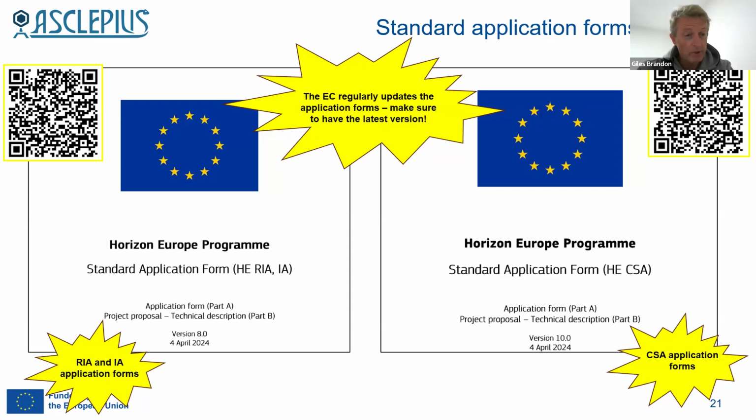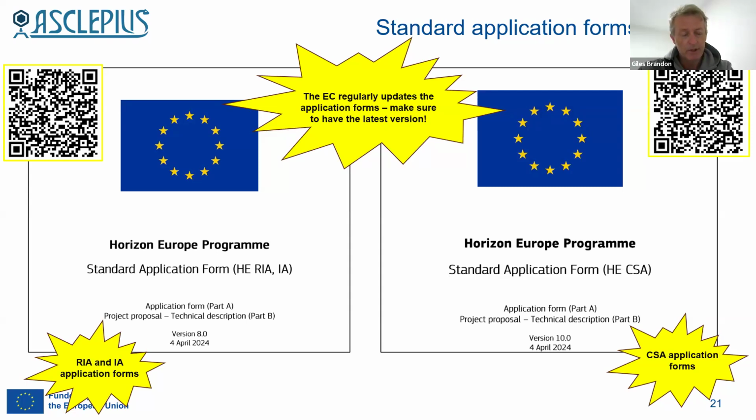This document, which can be accessed through the QR code in the top left-hand corner, contains all the relevant forms, explains the different forms if you were making a proposal, an application to either an RIA or IA.